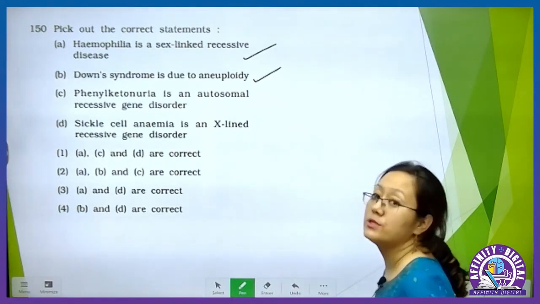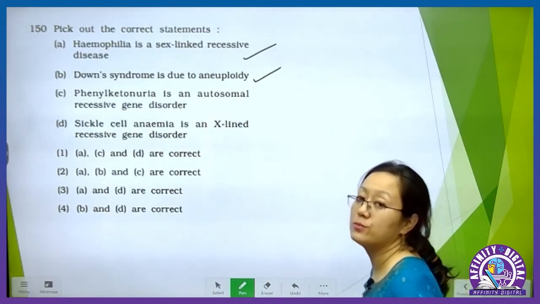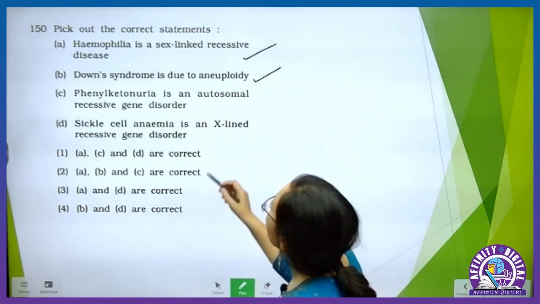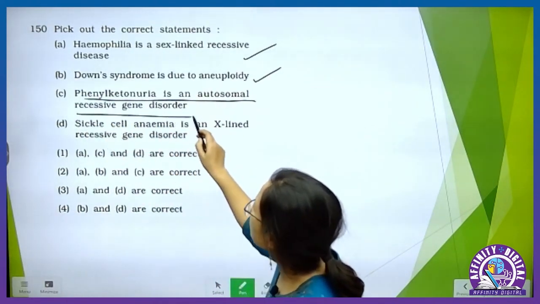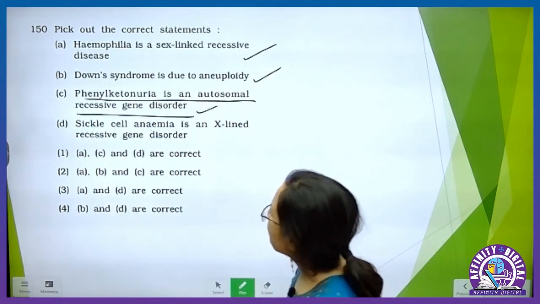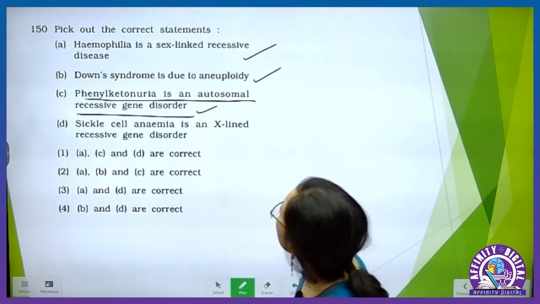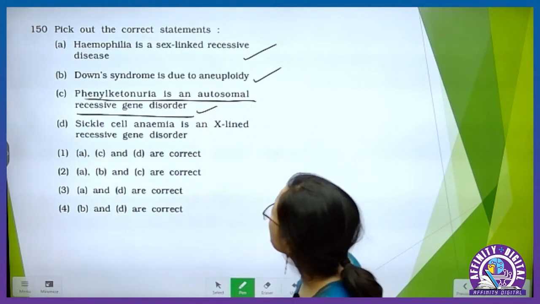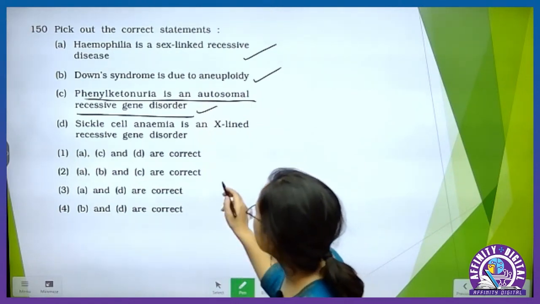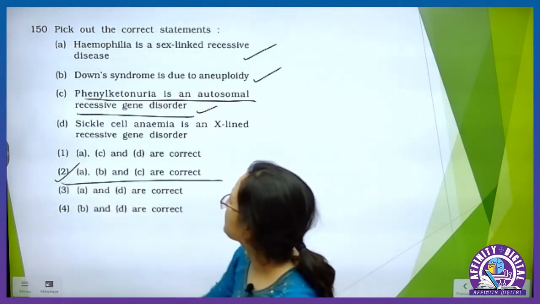Of course, Down syndrome is due to gain of one extra chromosome. So this is correct. Phenylketonuria is an autosomal recessive gene disorder. This is also correct. A, B, and C are correct.